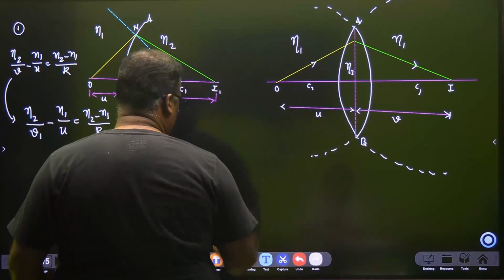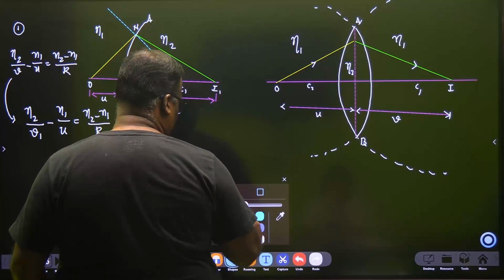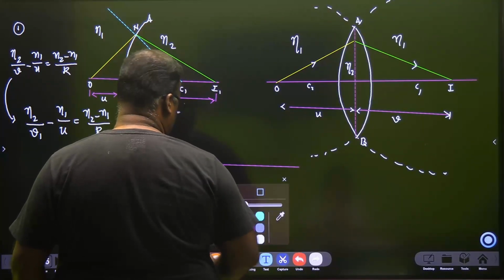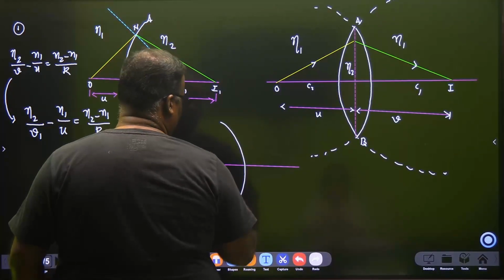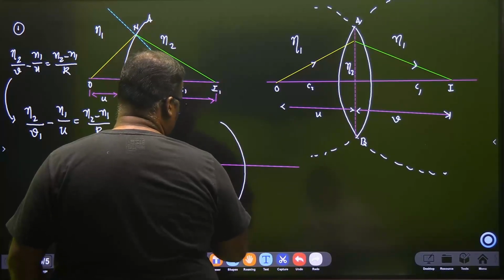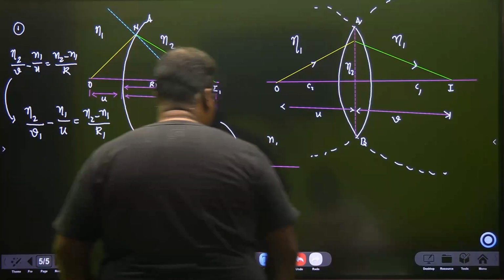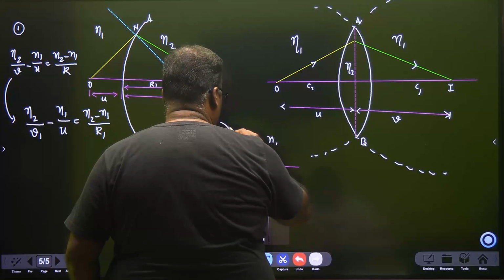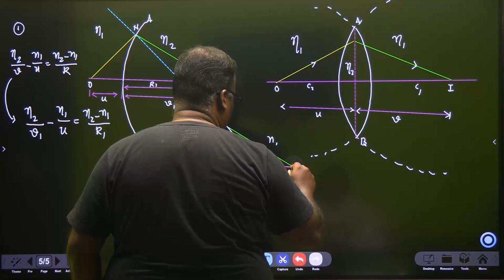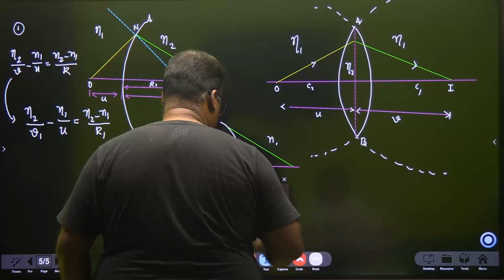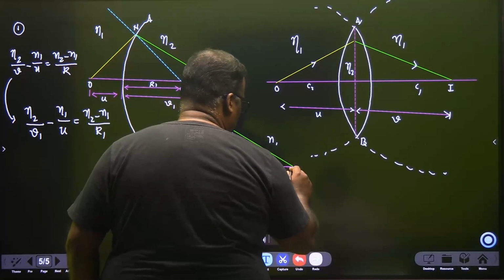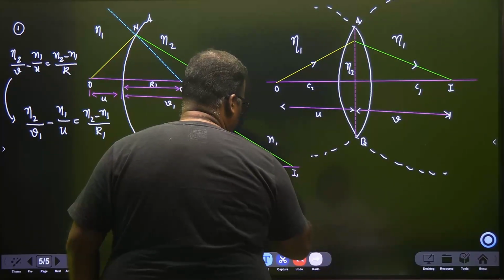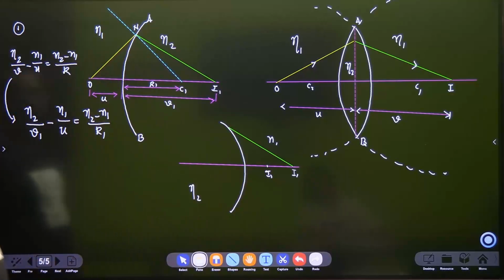Okay. If you try to draw the other image, it will be something like this, that now the other side. Now see children, everything this side is eta 2, everything this side is eta 1. Okay? And you have your I dash, and your final image is here, right?